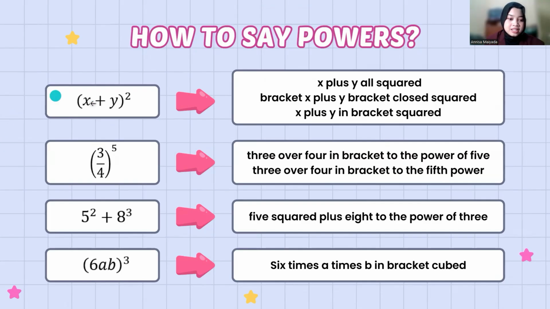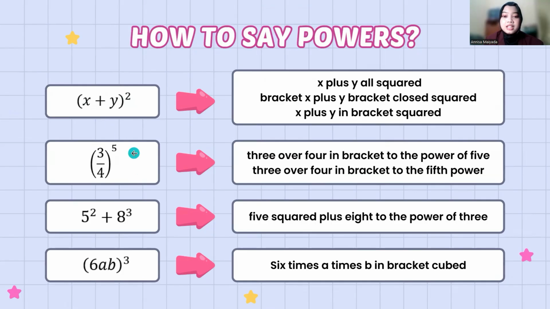Okay, next. And this, we read it as x plus y all squared or bracket x plus y bracket close squared or x plus y in bracket squared.